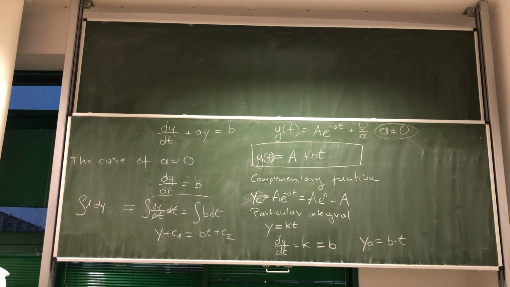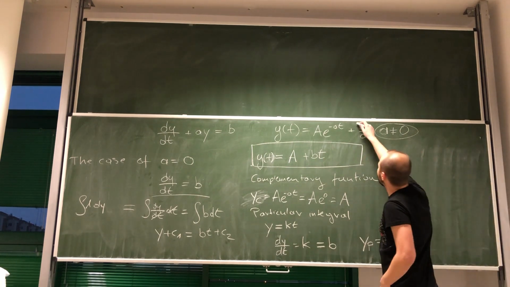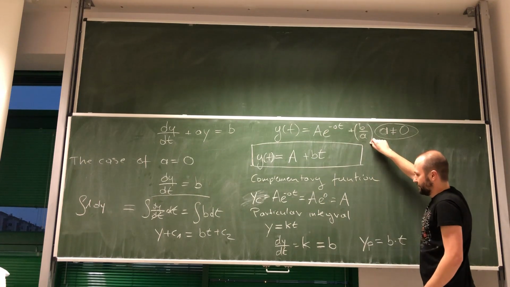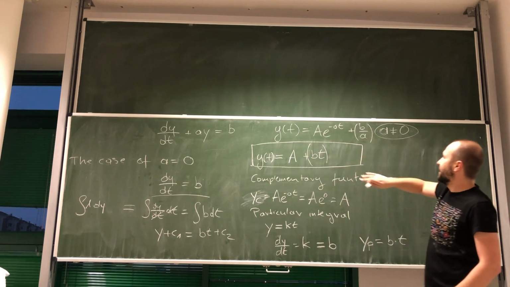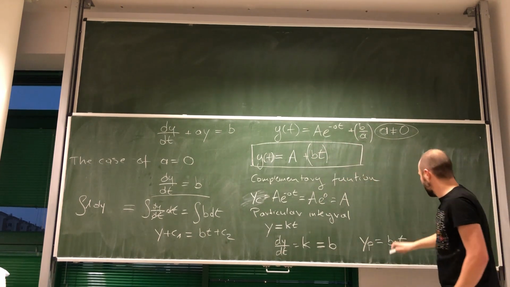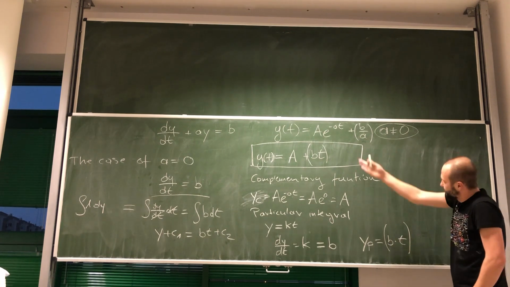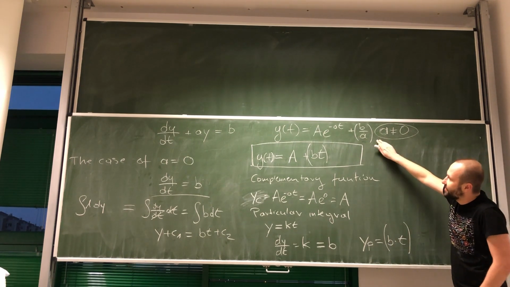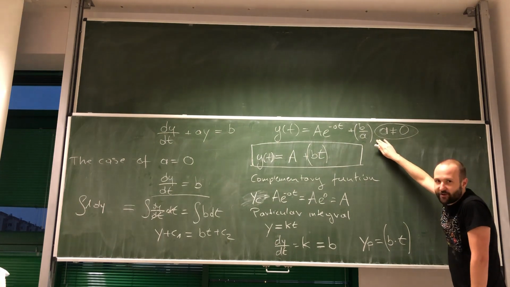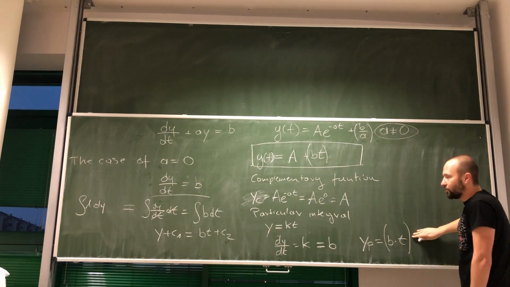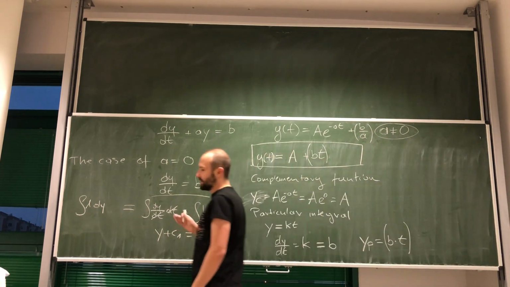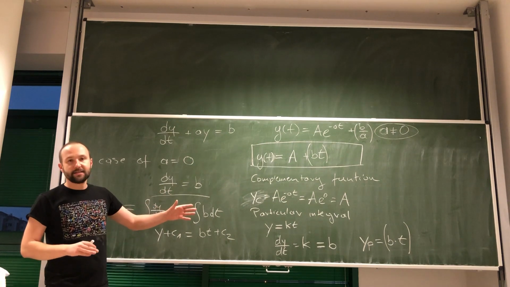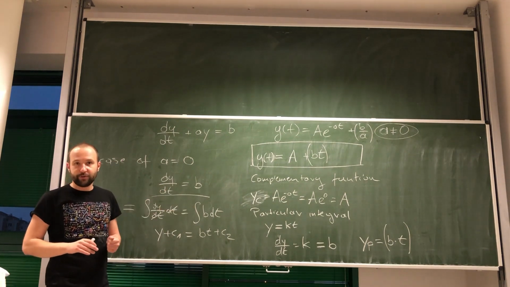Let me just tell you one tiny thing. The particular integral, for a case with a different than 0 and with a equal to 0, always represents the same thing. This thing is the equilibrium value.